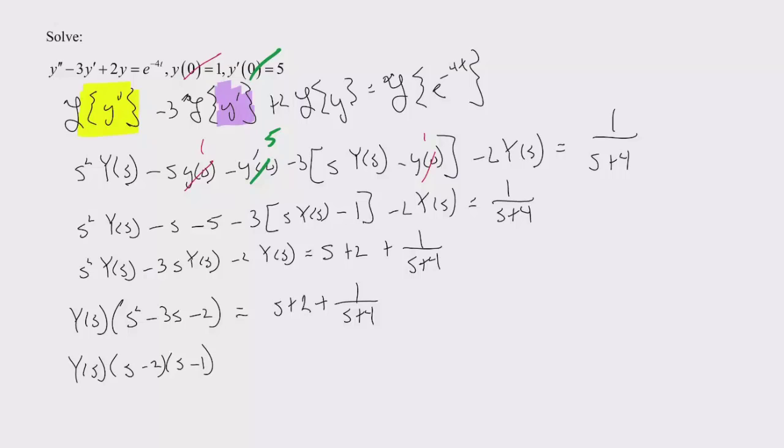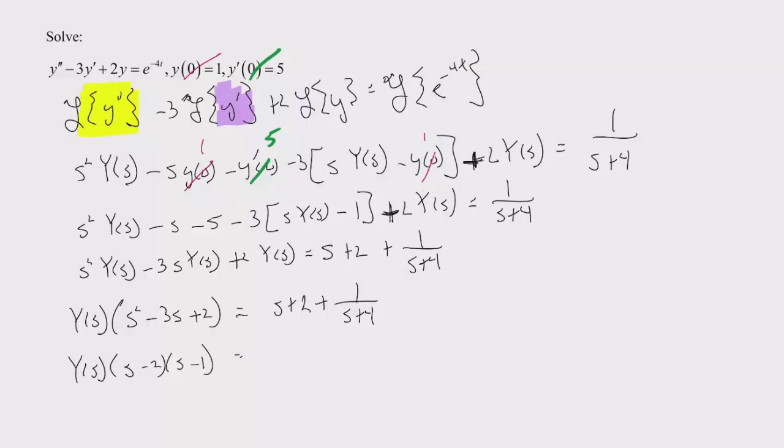Am I off a sign? Let me check my signs real quick. Oh dear. Okay, sorry guys, I just caught way up at the beginning there. Hopefully I saved myself some emails. It should be a plus 2y of s the whole time. So I done messed up. I'm just going to put a plus there, which does allow it to be s minus 2, s minus 1.